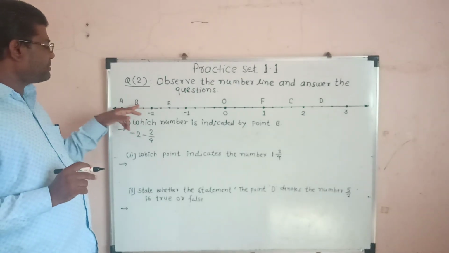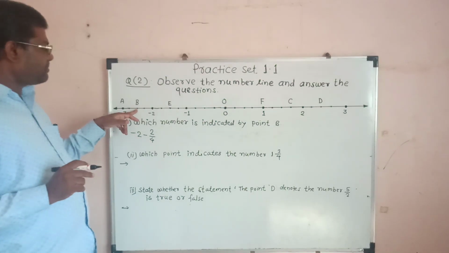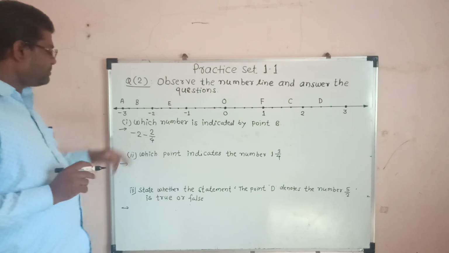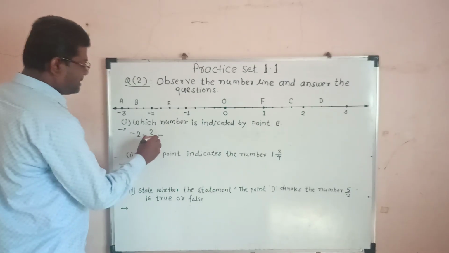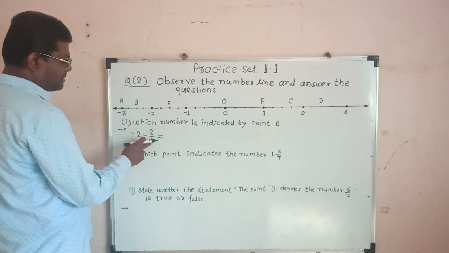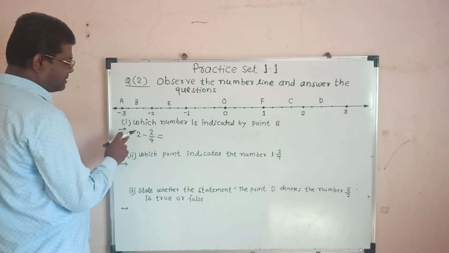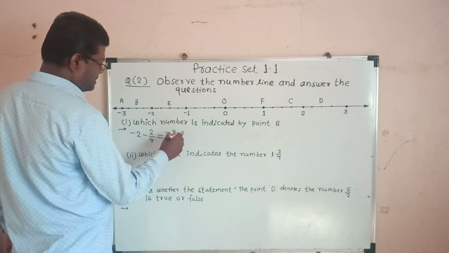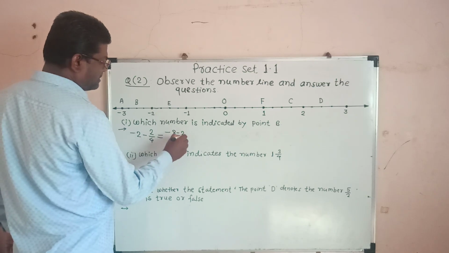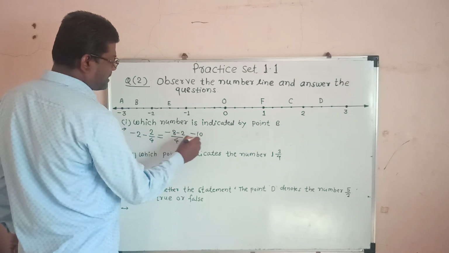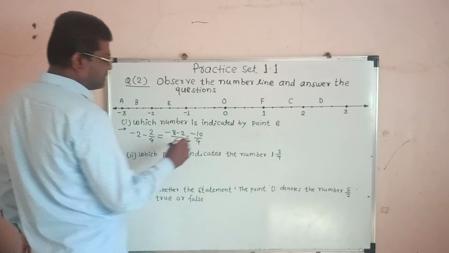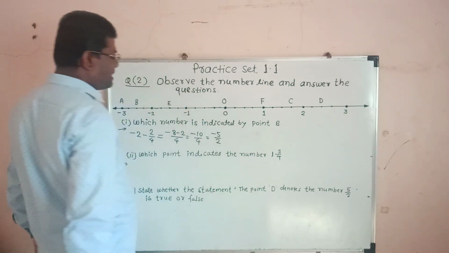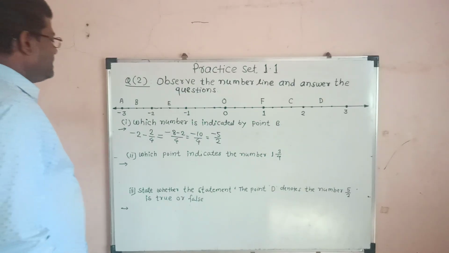This is minus 1 upon 4 and this is minus 2 upon 4. So minus 2 complete and minus 2 upon 4. So the denominator will be 4. Now cross multiplication: 4 into 2, 8, plus 2 is 10, so this is minus 10 upon 4, which is equal to minus 5 upon 2, dividing by 2.